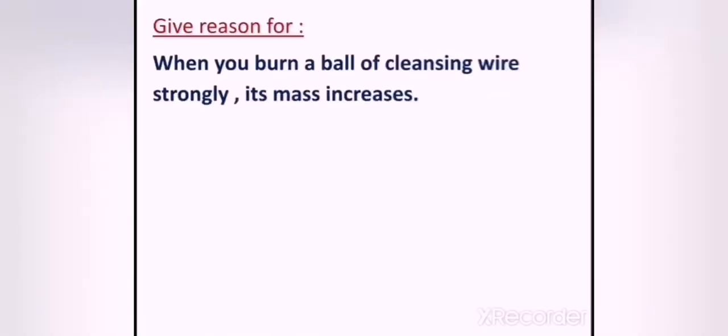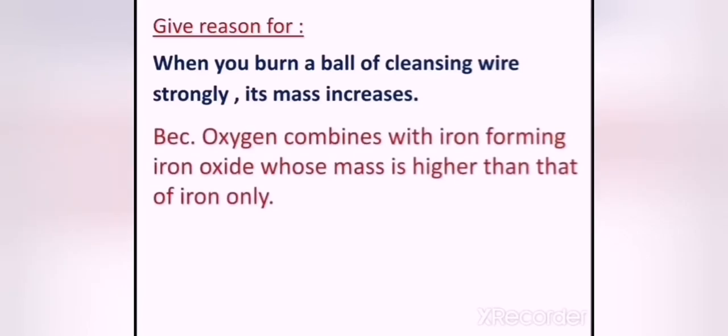So when you burn a pole of cleansing wire strongly, its mass increases. Why? Because the oxygen combined with the iron, forming iron oxide, whose mass is higher than that of the iron only.